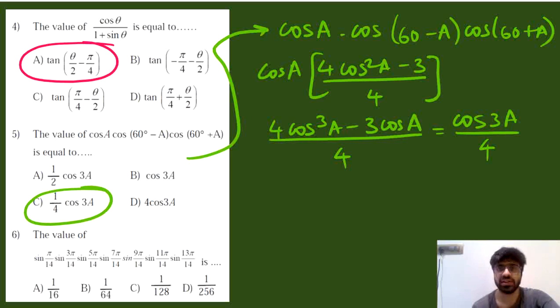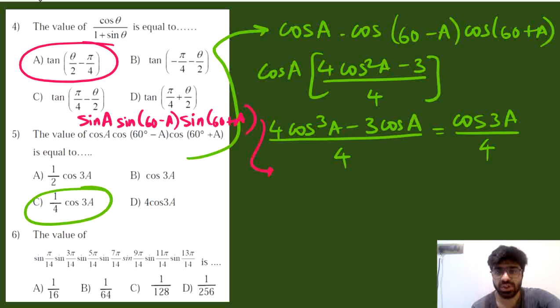Now, this is a standard formula because you just need to keep in mind that if there's an angle given like A and you have cos A, then the other terms are again cos with 60 minus A and cos 60 plus A. The expression is going to be equal to cos 3A divided by 4. What if I give you a similar expression like sin A, sin(60 minus A) into sin(60 plus A)?